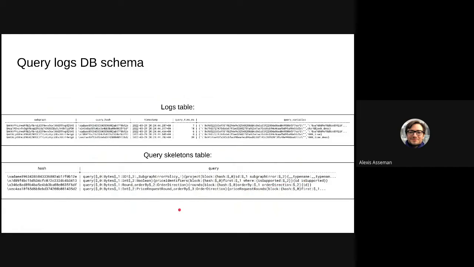So what do we get out of all those steps, all the processing? We get a logs table. You can see here the subgraph, the query hash that we use to find what the corresponding query skeleton is, the timestamp, the execution time, and the variables that are used for that particular query that we received.